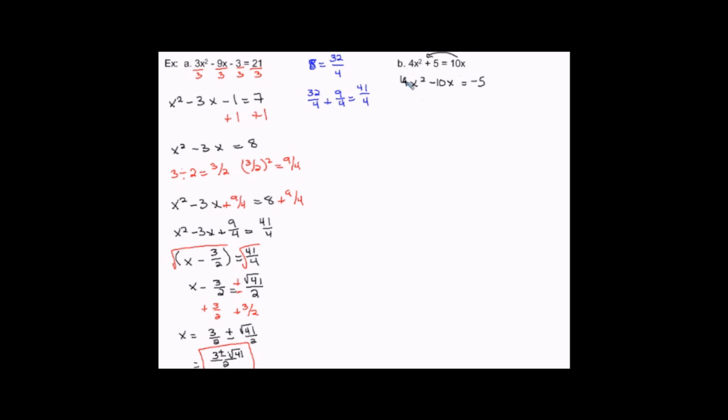And anytime you switch sides, it's like you're switching teams, so you change your jersey. If you're positive on one, you're negative on the other, and vice versa. Now I need to divide everything by 4. And I'm going to get x squared minus 10/4, which is going to reduce to 5 halves, is equal to negative 5/4.